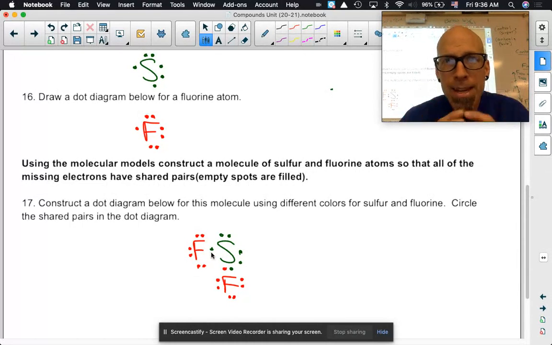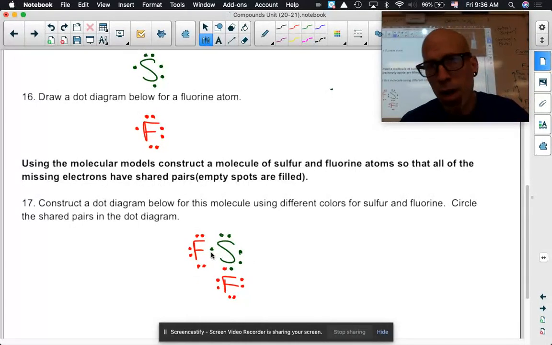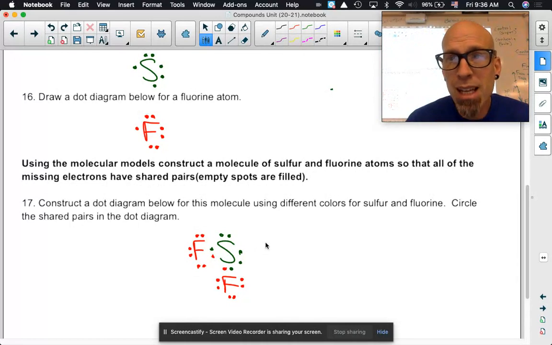In your dot diagrams for covalent bonding like this, you're always going to see an octet around each atom. If you do not see an octet around each atom, then we have a problem. There has to be an octet. So hopefully this made sense.